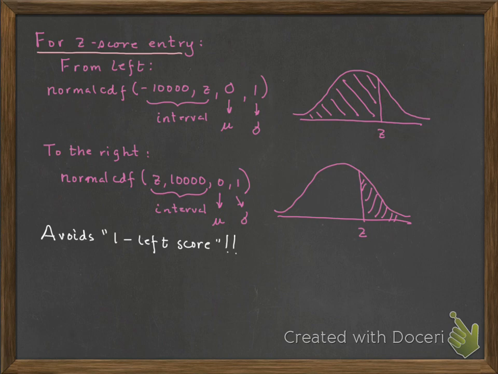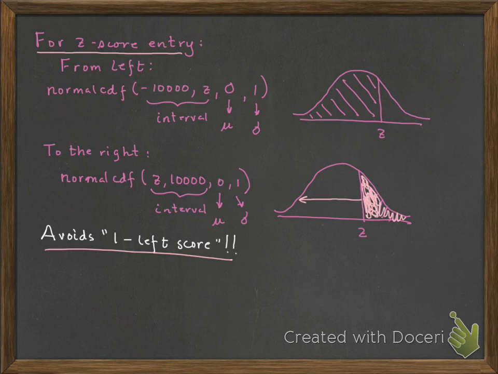Now, if we're looking for the probability to the right of a z-score, up to this point we were finding the probability to the left of that z-score, and then saying 1 minus that left probability equaled the right probability. We are avoiding that now entirely.